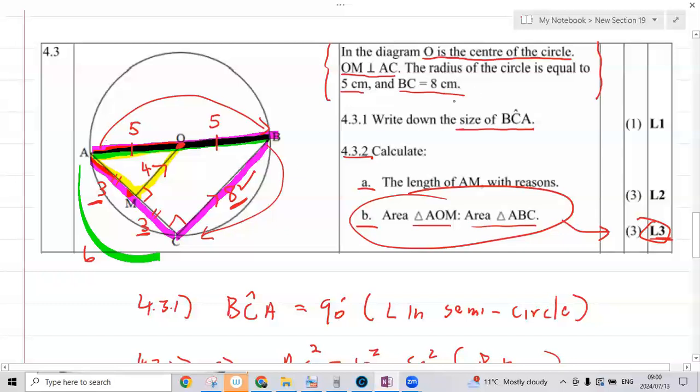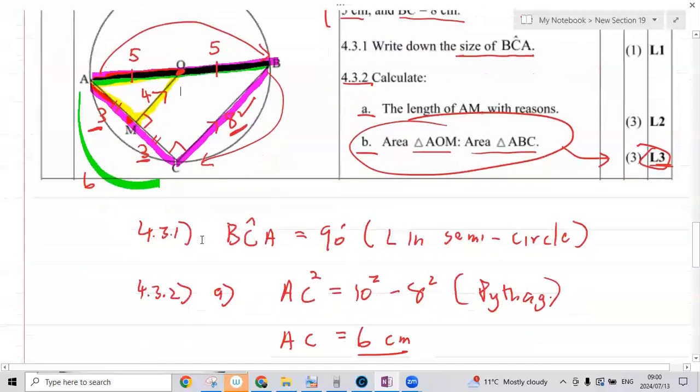And I think that was the pivotal part of this particular question. And that will open up the midpoint theorem for us. Because if you know O is the midpoint of AB, M is the midpoint of AC, therefore OM will be parallel to BC and OM will be half the length of BC.